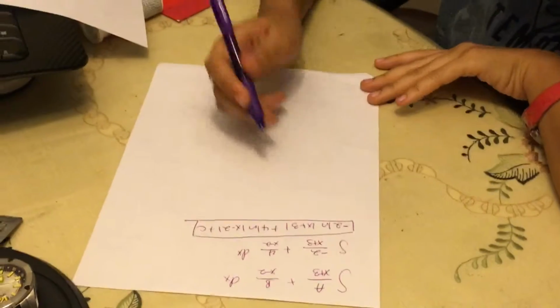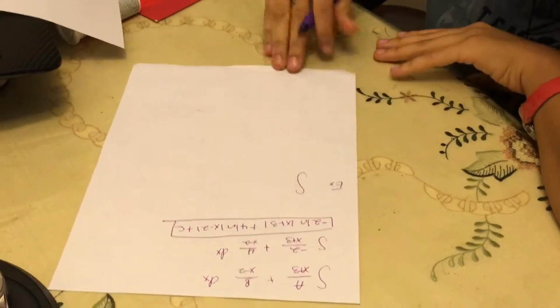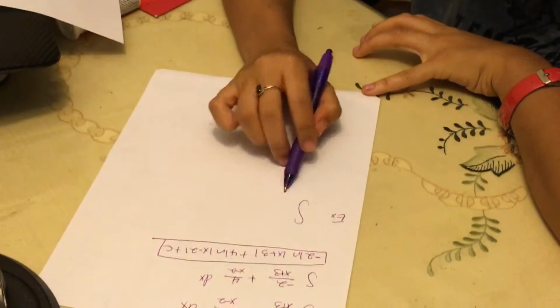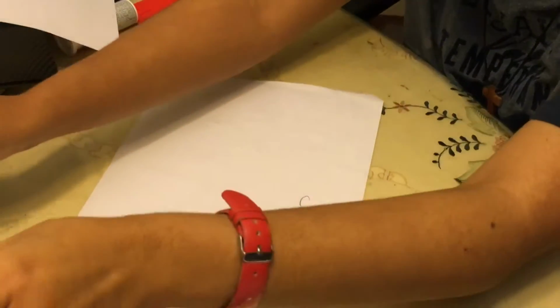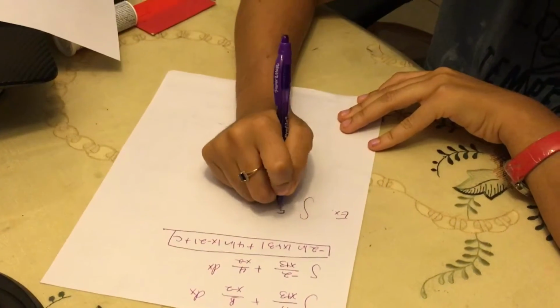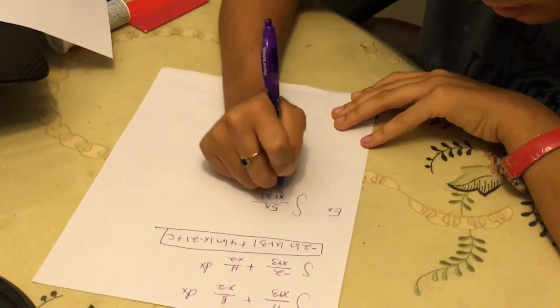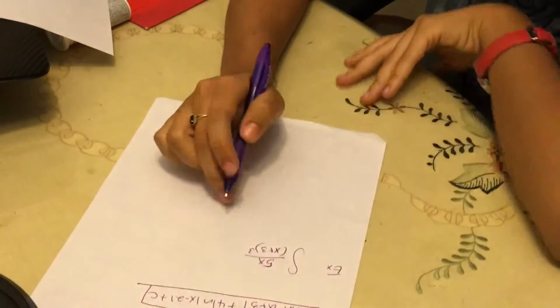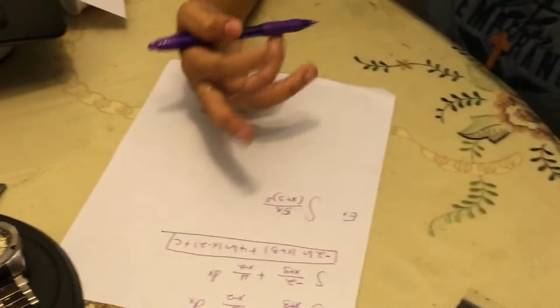So our next problem, our second example, is an example where our function is repeated, and that example is 5x over x plus 3 cubed. As you can see here, this is just a linear function that is repeated 3 times.